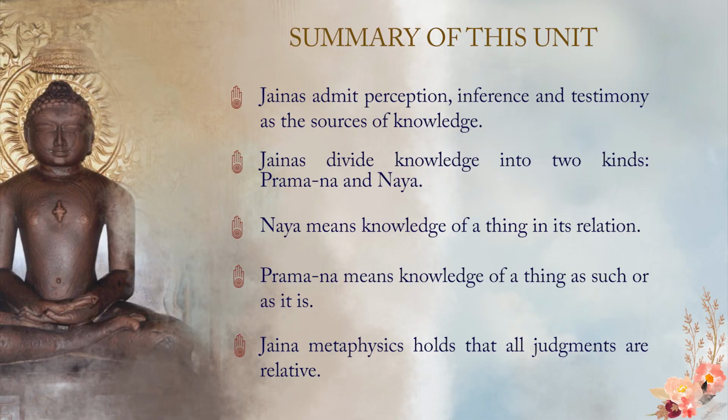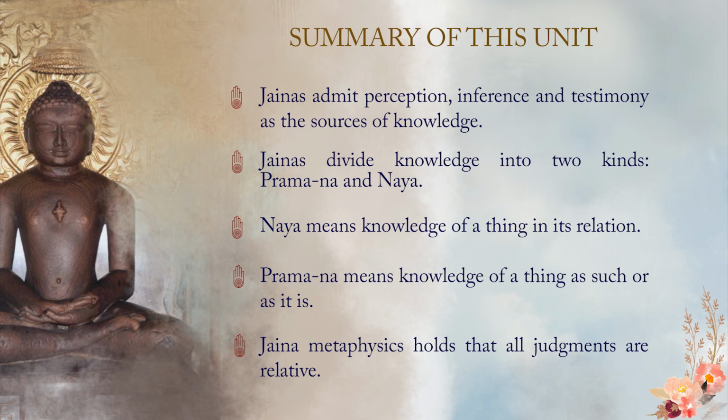Now we discuss the very important points of the unit on the Syadvada theory, or we can say the summary of this unit. Jainism admits perception, inference, and testimony as the sources of knowledge. Jainism divides knowledge into two kinds, pramana and naya. Naya means knowledge of a thing in its relation. Pramana means knowledge of a thing as such, or as it is.